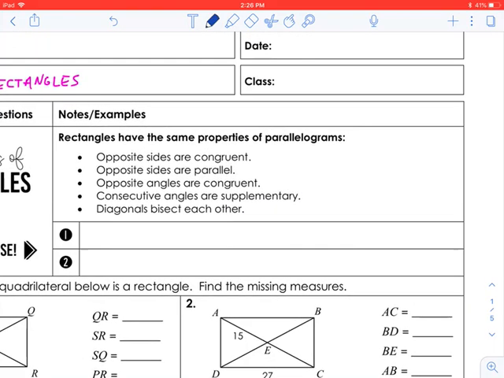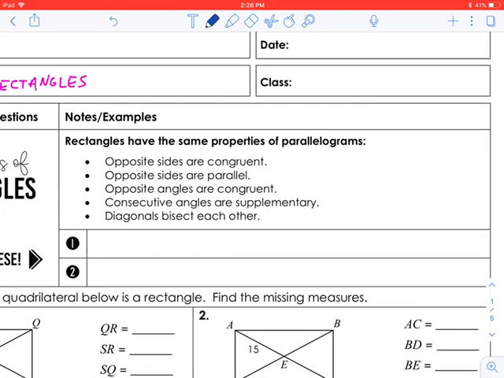Now, for rectangles specifically, we have two things. First of all, as you already know, rectangles have right angles. So all four angles are right angles. Okay?